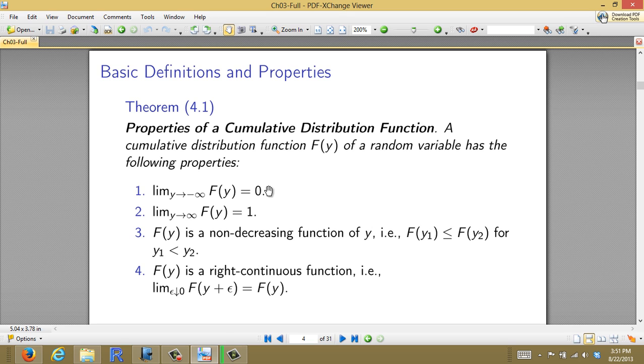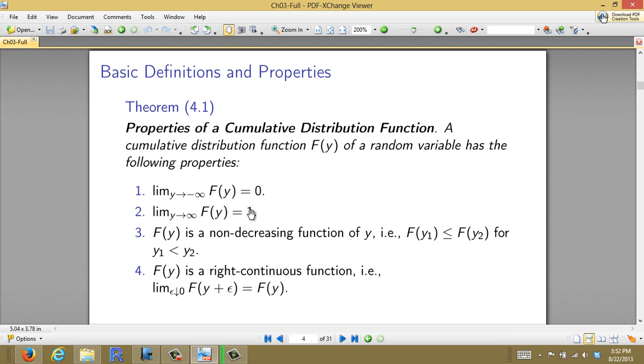It's not possible. On the other hand, if we let lowercase y go to positive infinity, then the limit of the CDF as y goes to positive infinity is equal to 1. In other words, the probability that our random variable takes a value less than positive infinity has to equal 1. So any possible outcome has to be less than positive infinity.